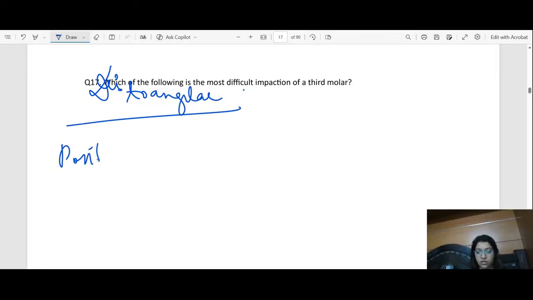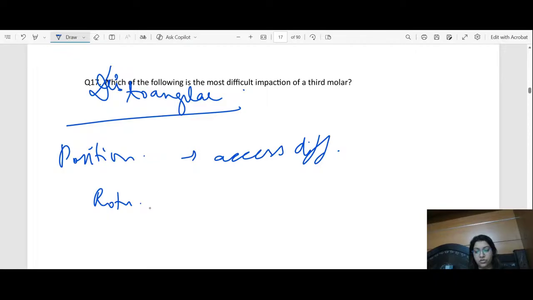Position, which makes the axis difficult. Rotation. During the extraction, the tooth tends to rotate posteriorly, due to its arc of rotation. The space. There may be very little space in distoangular impaction because the tooth will be placed like this.